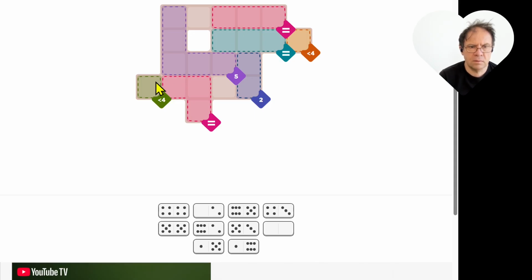What else do we know? This has to go this way, and this has to go this way. So this has to be an up and down. Well, obviously. And it has to be 4 4, 5 5, or 0 0. We know it's not 0 0. But if it's 4, uh-oh.